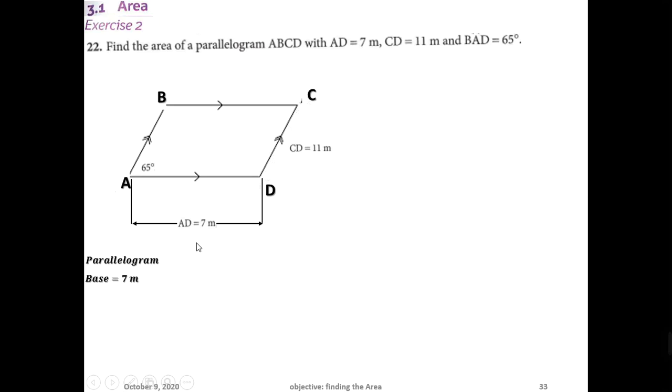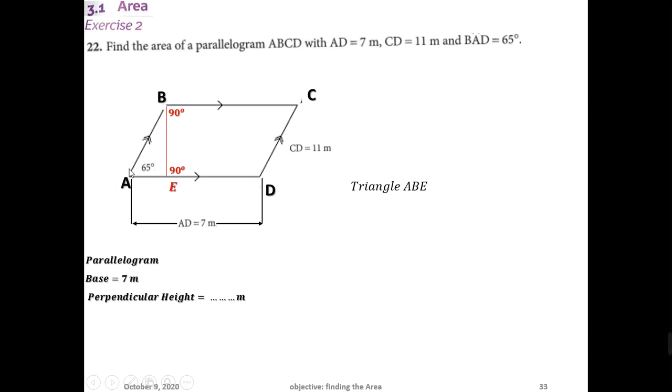So if we decide that the base is the 7 meters, then the perpendicular height is unknown. You must immediately draw the perpendicular height, which is this one here, drawn in red. Of course, I'm going to place 90 here because perpendicular means it creates a 90-degree angle with the base.